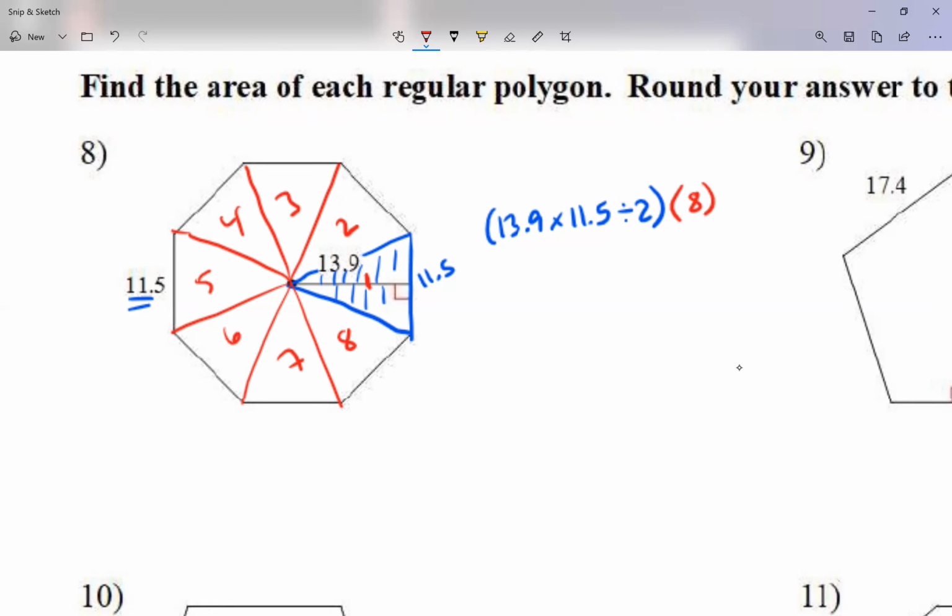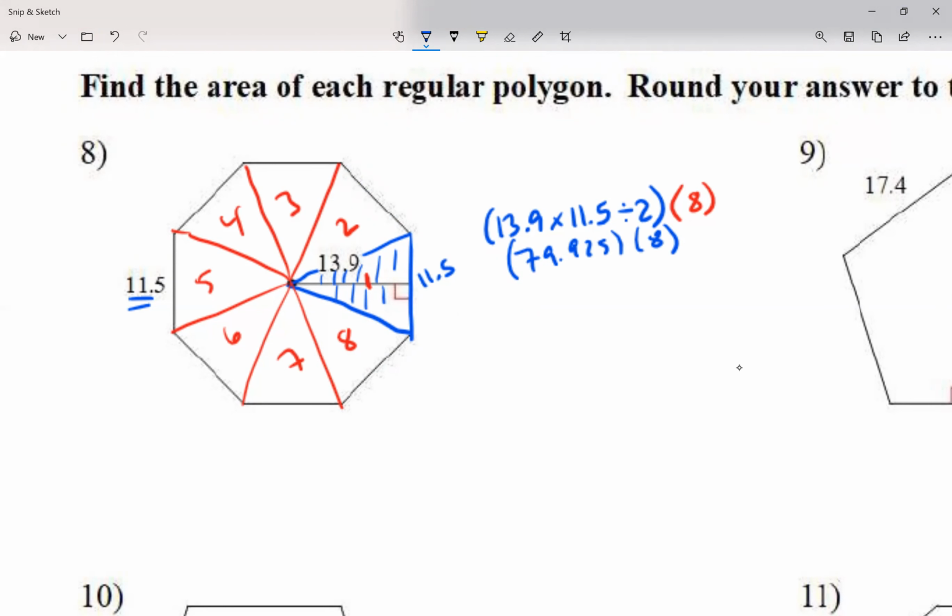So let me type everything in at once. 13.9 times 11.5 divided by 2. And I'll press equal. So far, for my first triangle, I have 79.925. But I'm going to multiply this by 8.